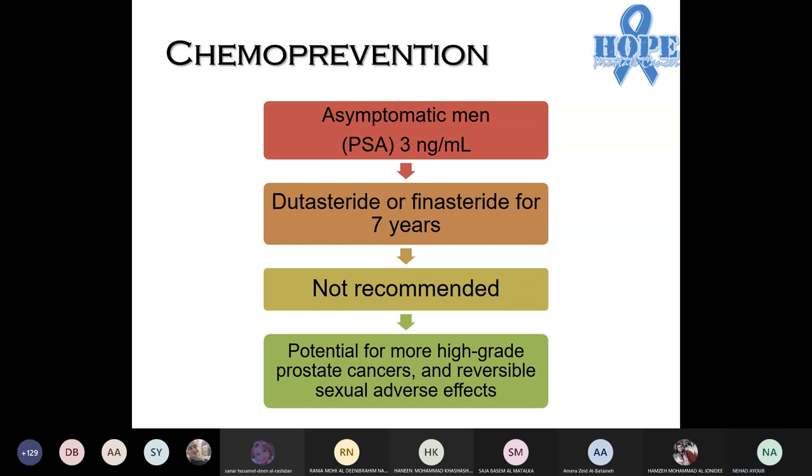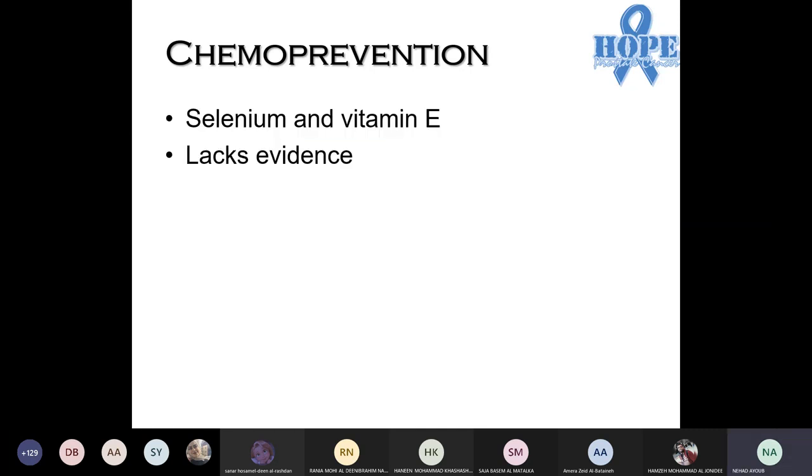Do we need to consider chemoprevention or not? Okay. To be honest, this question is still debated. For now, they are not really recommended, giving 5-alpha reductase inhibitors to prevent prostate cancer. Now, in selected cases it might be negotiated person by person, so the patient understands all the issues that can happen with treatment. Yes, we are giving it to prevent prostate cancer, but if it happens, it will be an aggressive tumor.